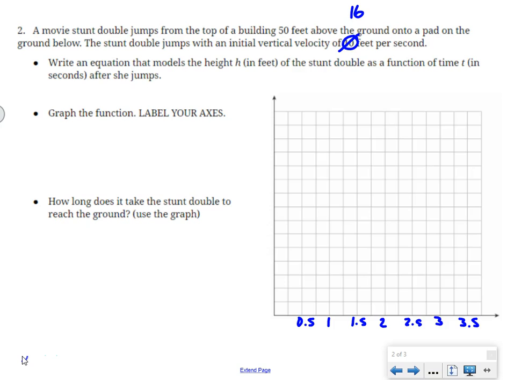And then on your y-axis, you actually want to go by 5s. So every line represents 5. And remember, this will be time, and this will be height. Follow the same steps that we did in the first problem. Use the vertical motion model.